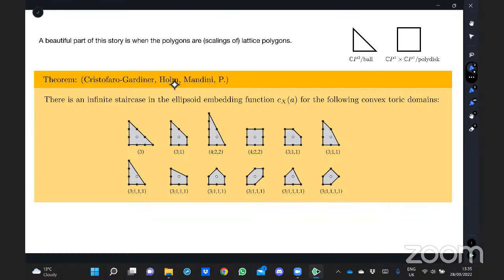We concentrated our exploration on lattice polygons, and we found that there are infinite staircases in the ellipsoid embedding functions for each of these convex toric domains associated with these polygons. This one here is the ball, and then here's an ellipsoid. Here's the polydisk, that other people had already found, and so on.